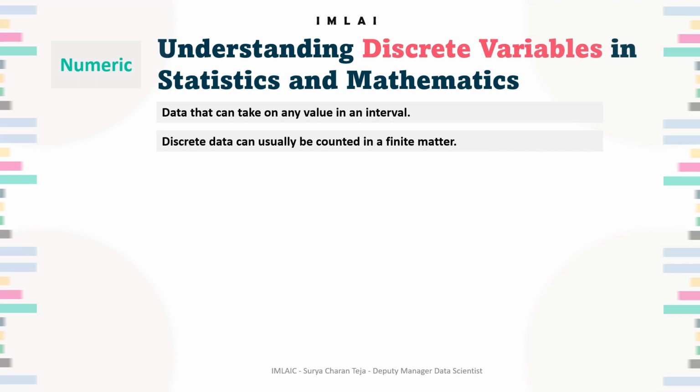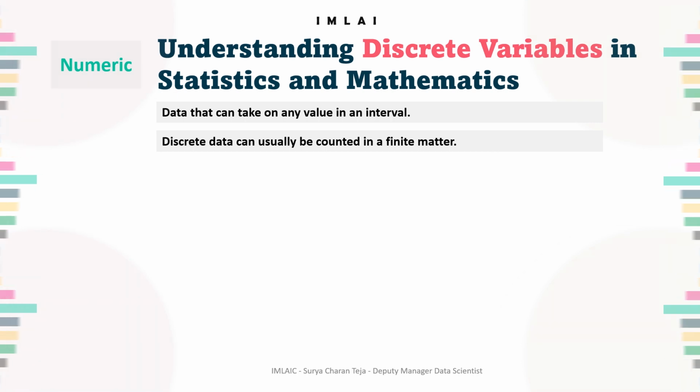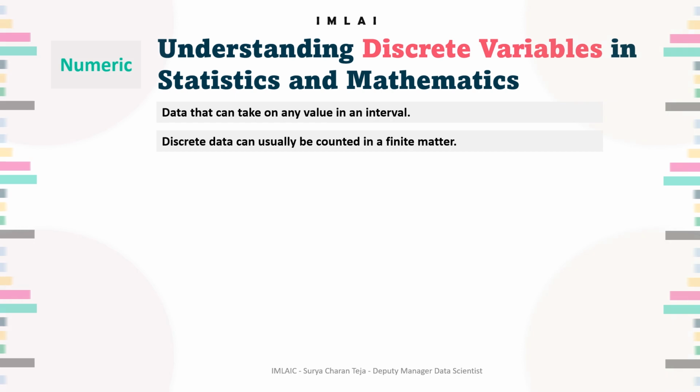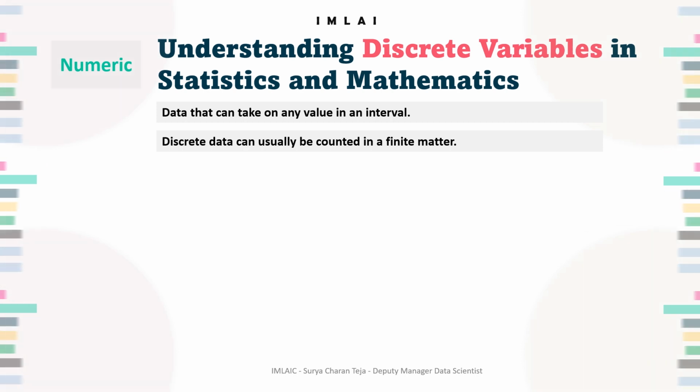Discrete data can usually be counted in a finite manner. If you take it in numbers, it's rounded off: 1, 2, 3, 4, how many bottles you want, how many liters of water. Of course we can have 1.5, 1.6, but still we'll take 1 liter, 2 liter, 1 kg, 2 kg, but that's not the main example of this.